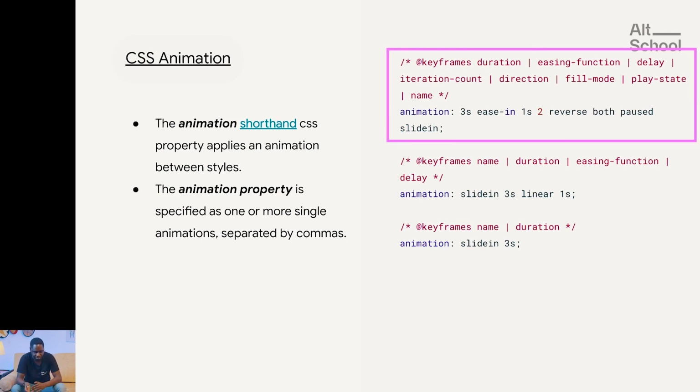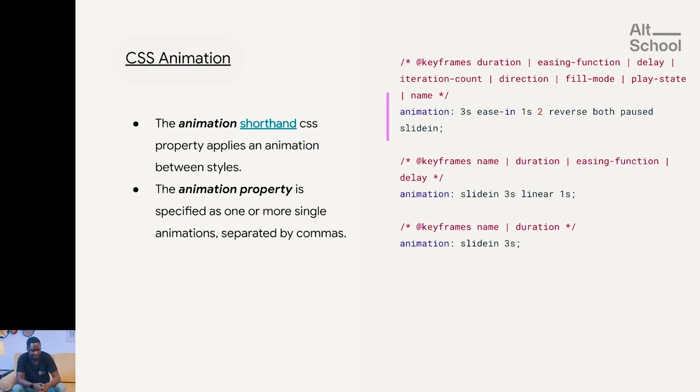That is reverse. Then the fill mode, does it apply at the end or beginning? If so, we use both. And then paused, that is the play state. Initially, does it start immediately or not? So basically this is how you define the animation.